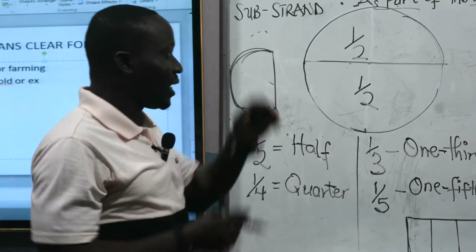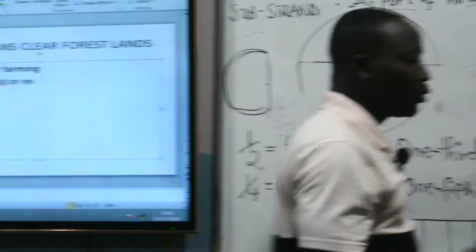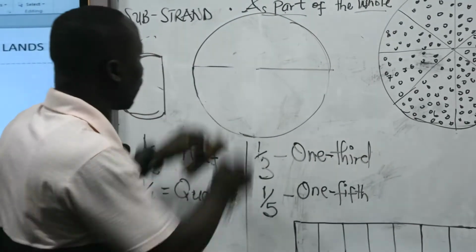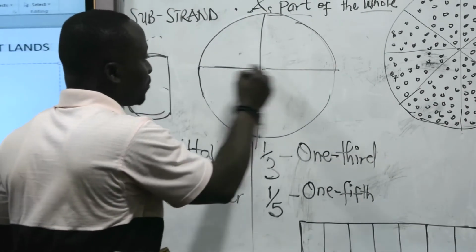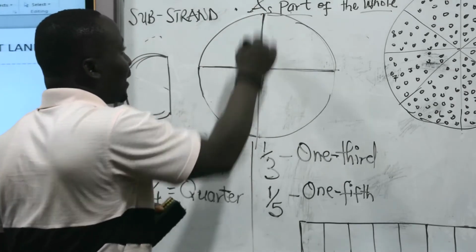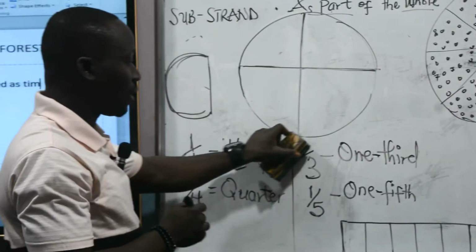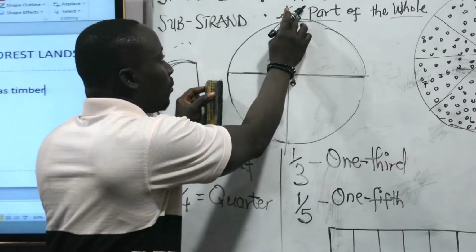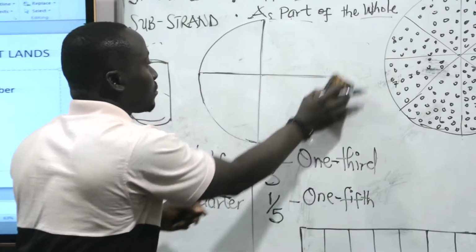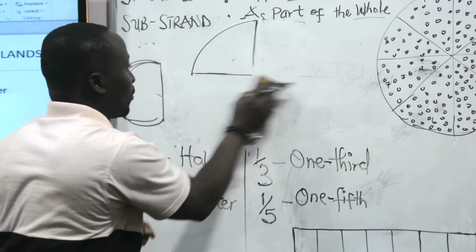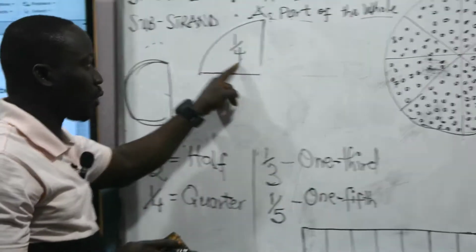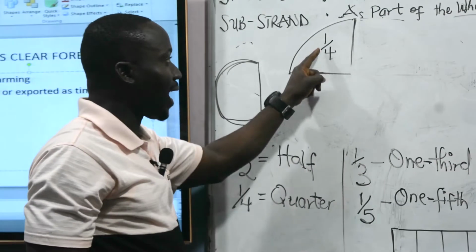Now, let's divide the same object on the board into 4. When this object is divided into 4, if I take one portion out of the 4, this portion will be called 1/4, 1 out of 4.